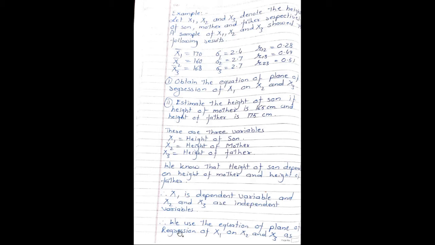So we use the equation of plane of regression of x1 on x2 and x3 as (x1 minus x1 bar) R11 upon sigma 1 plus (x2 minus x2 bar) R12 upon sigma 2 plus (x3 minus x3 bar) R13 upon sigma 3 is equal to 0.